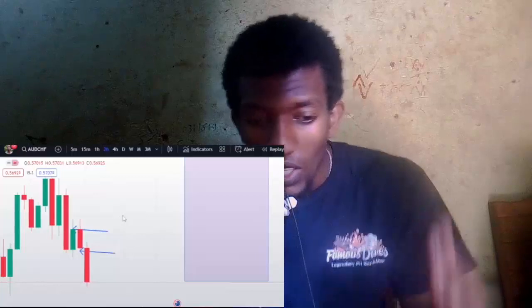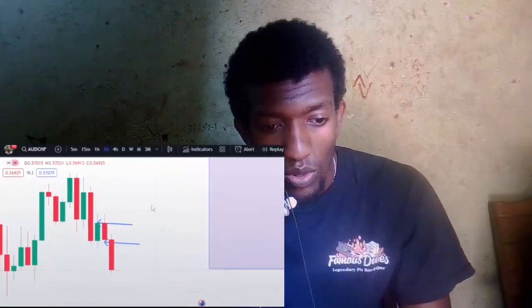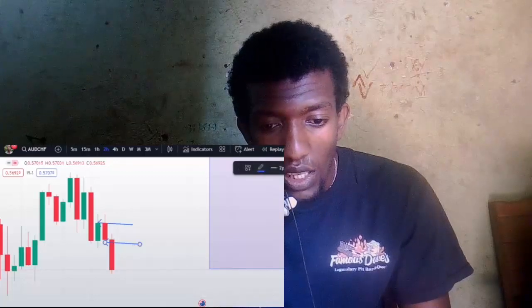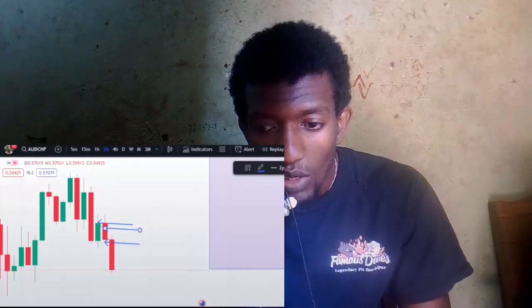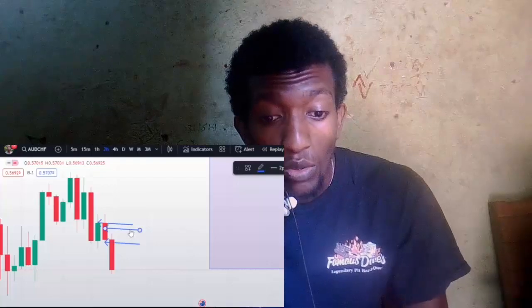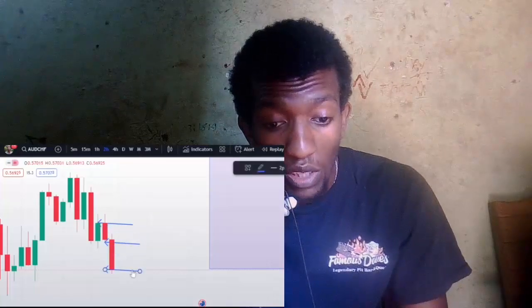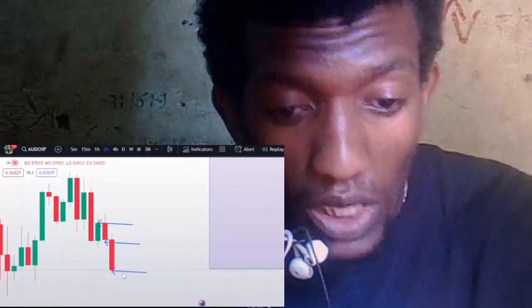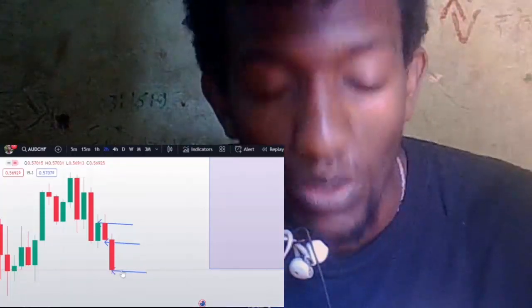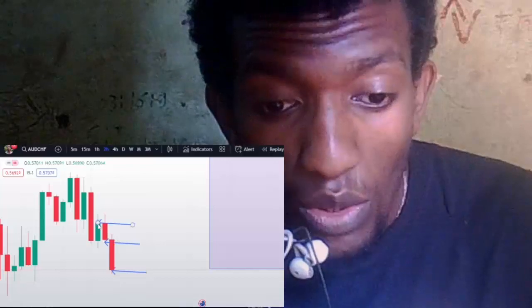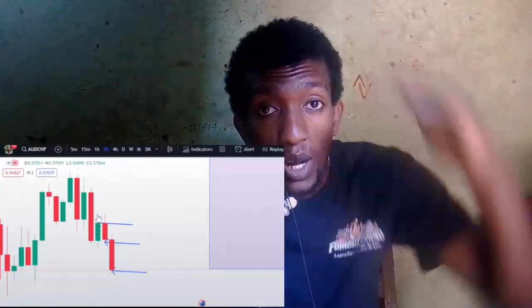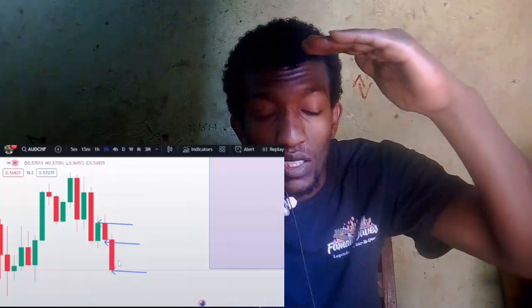But for a bearish candlestick, the reverse is true. Let me just use this one. Let us clone this one. Cloning means it is just duplicating. For the bullish candle, the closing price is located at the top of the candlestick.